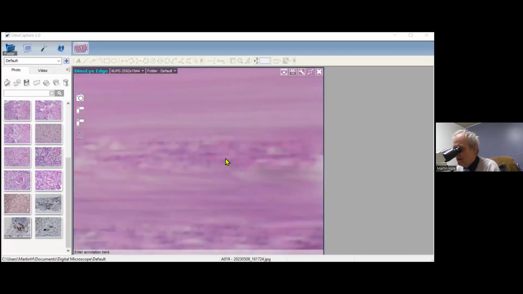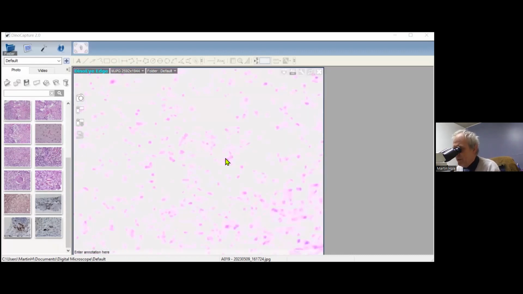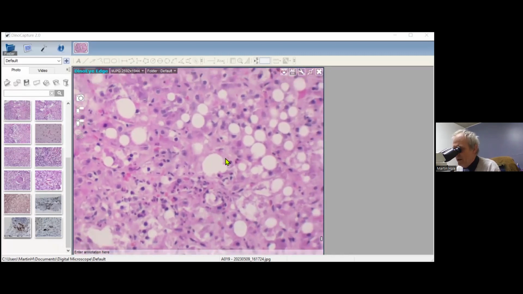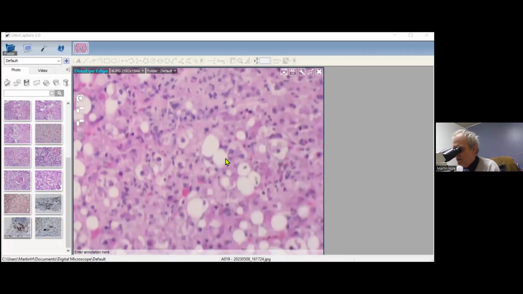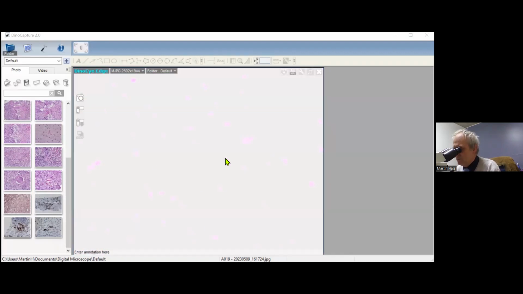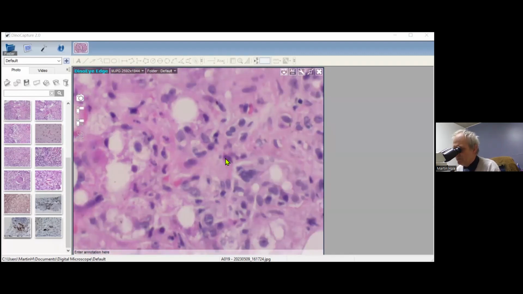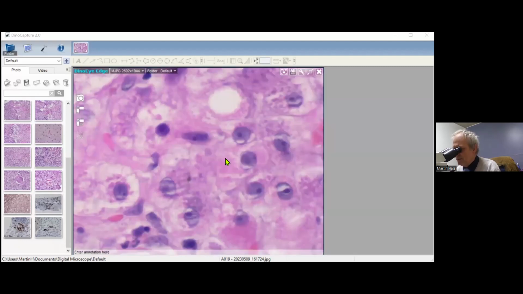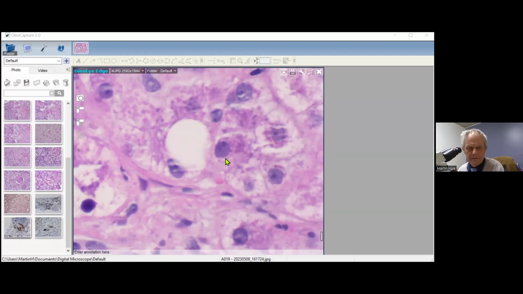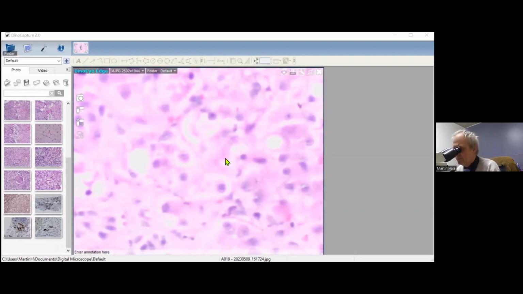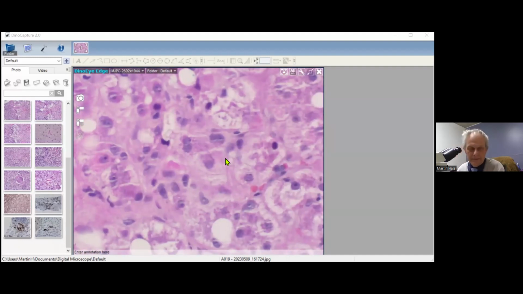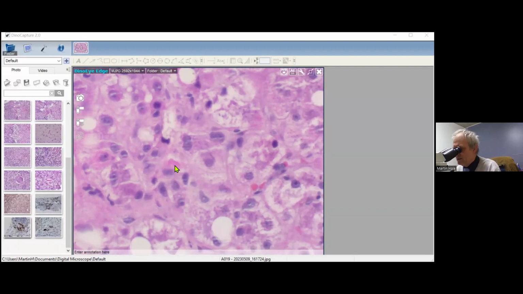The first is you're looking for Mallory-Denk bodies or ballooning or both. When we go down and have a look at this, we can see straight away Mallory-Denk bodies. I haven't had to move very far, and there's the first Mallory-Denk body. These are eosinophilic inclusions.